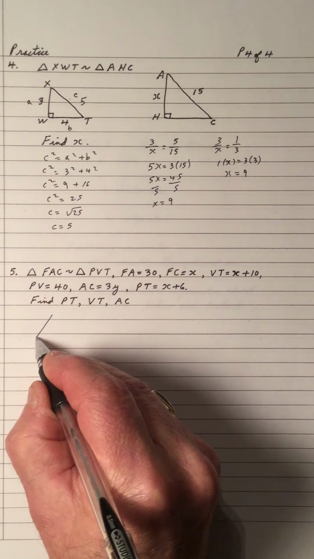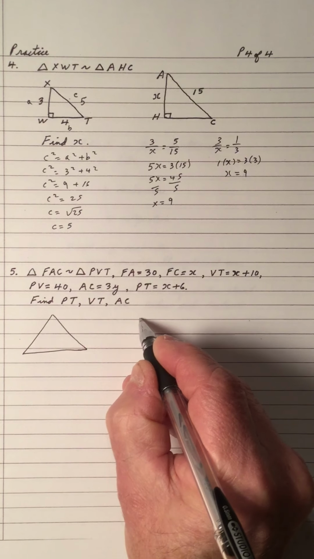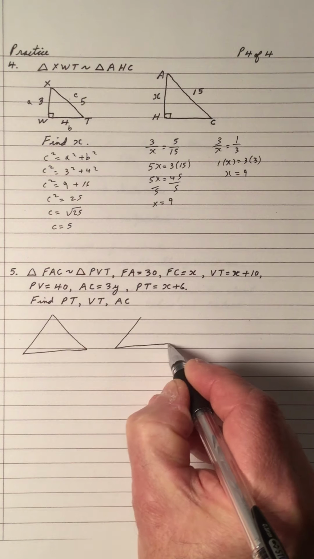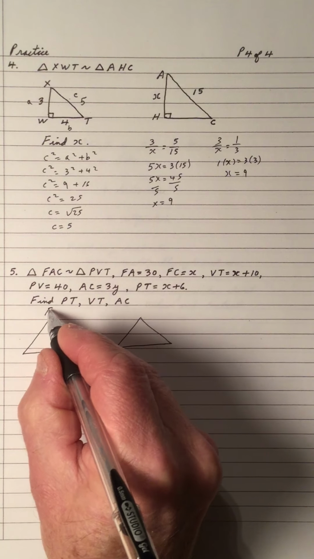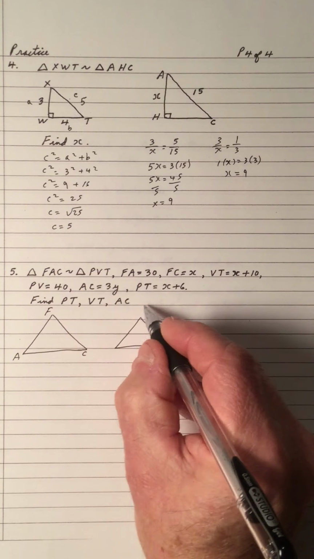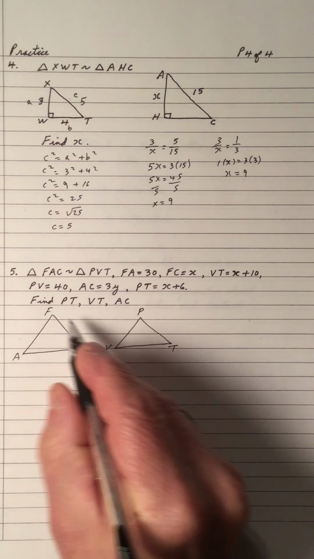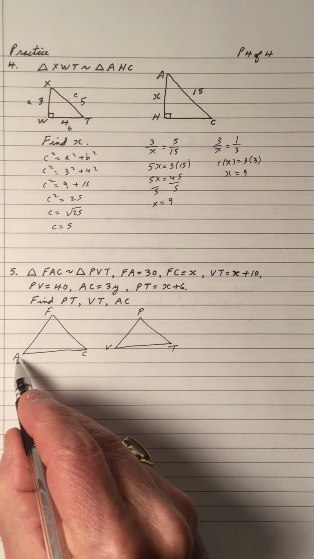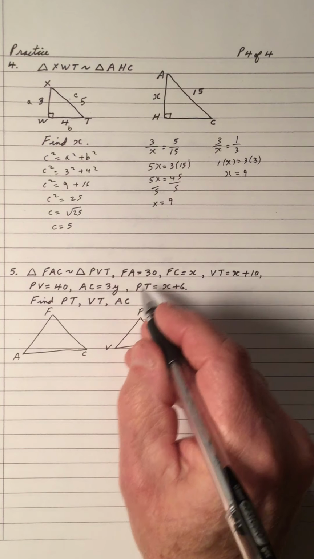So, again, sometimes it's faster to draw the triangles. FAC is PVT. F goes with P, A goes with V, C goes with T. Now fill them in.